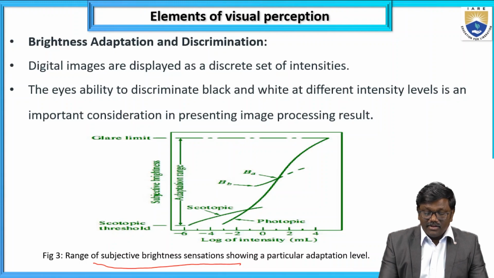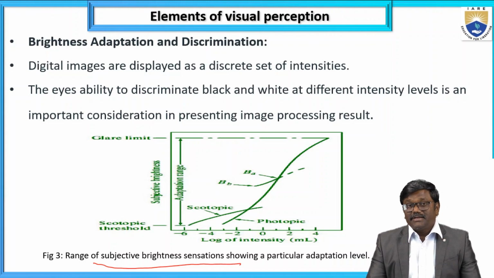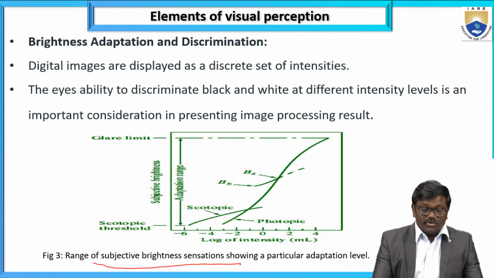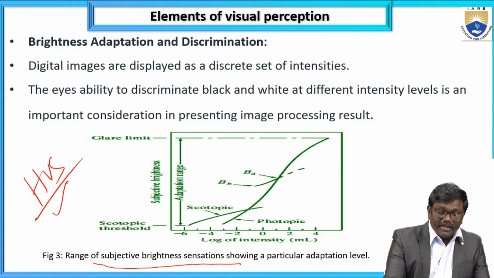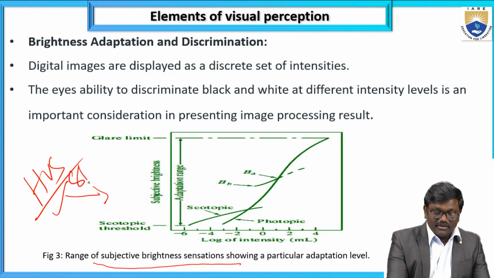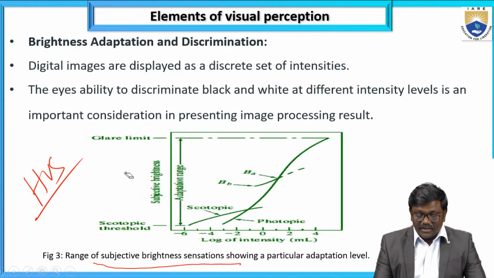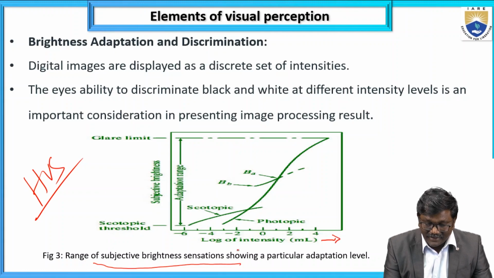Let us take one graphical representation, in terms of your HVS, the human visual system, which you are defining in terms of the study of the characters of observation. How are we going to verify it? Take the x-axis as the logarithm of intensity value.